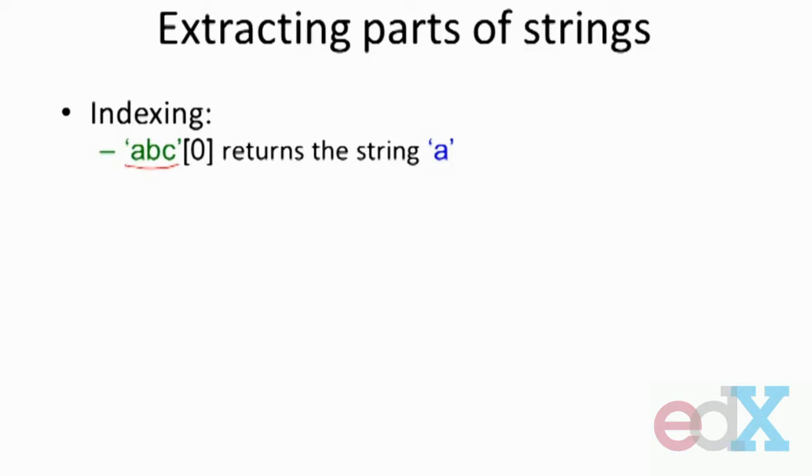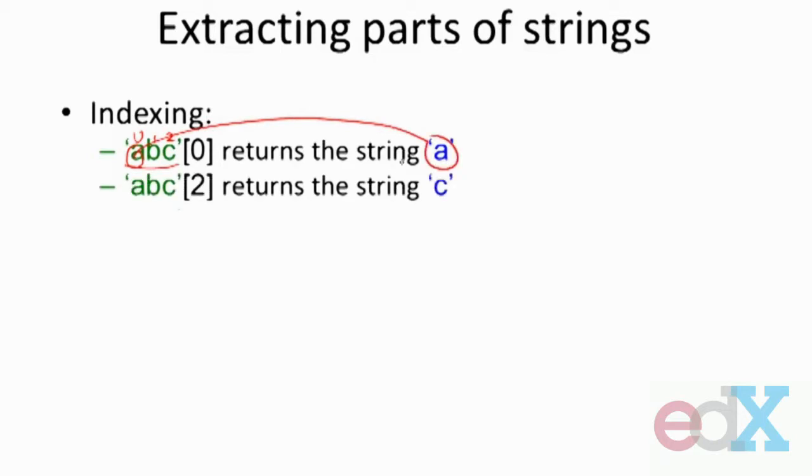Now, how does it do this? Well, it starts by, if you want to think of it this way, counting from 0. So, there's the string, the 0th element is that one, and it will return that value. Similarly, if I say from the string ABC, give me the 2nd element, it starts at 0, 1, 2. There's the 2nd element, and it returns that string. Now, I have to be careful.